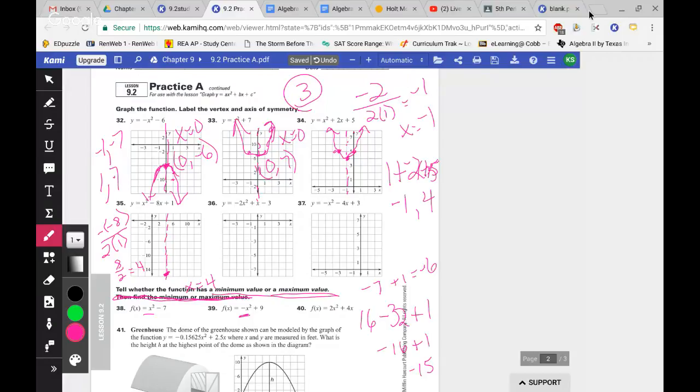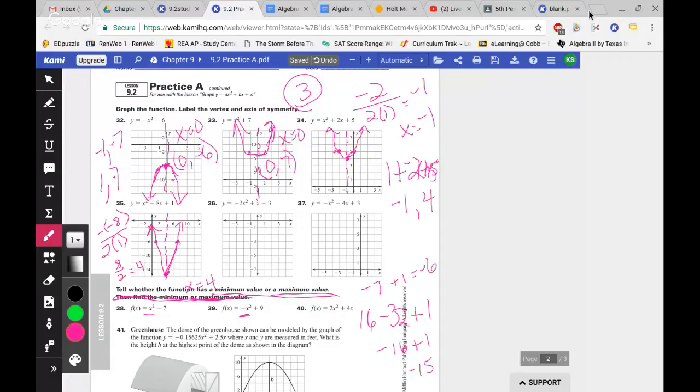So (1, -6). So we've got that. A mirrored point is going to be about right 1.5 over, about right there. So I can draw my parabola.